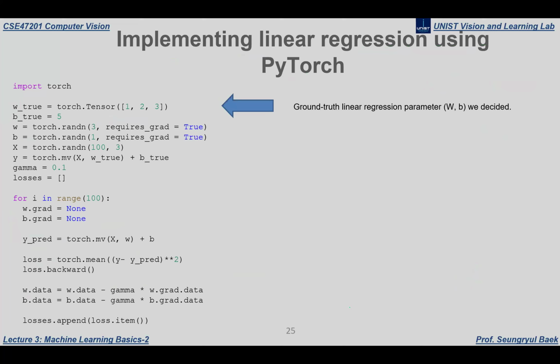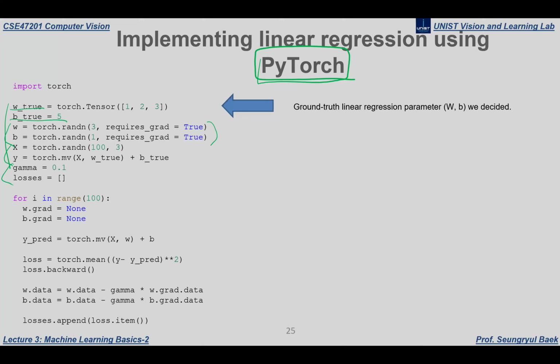But I mean, in PyTorch, the implementation becomes a lot easier. Because these parts are similar to the previous. Okay, these parts are using the true W and true B, and we randomly initialize W and B and make the data X and Y, that's the same.